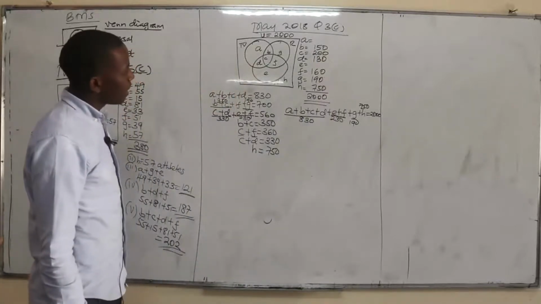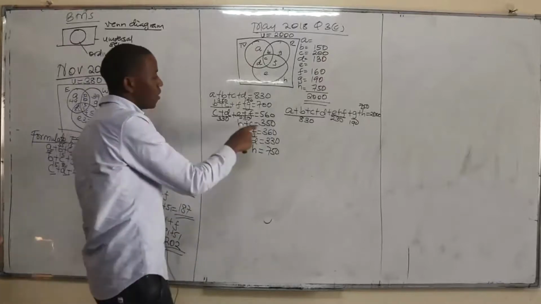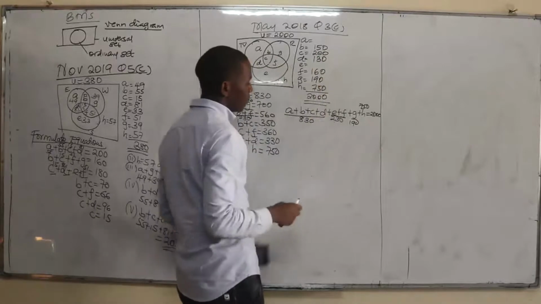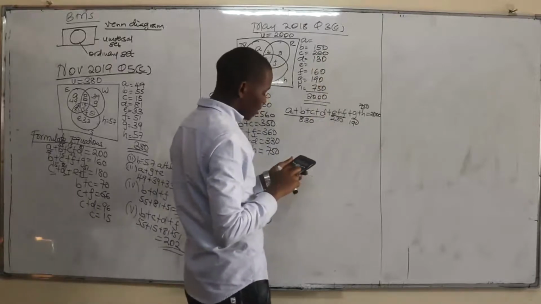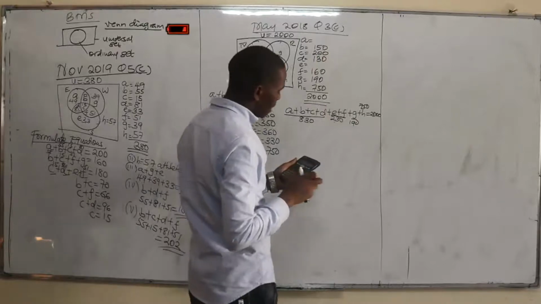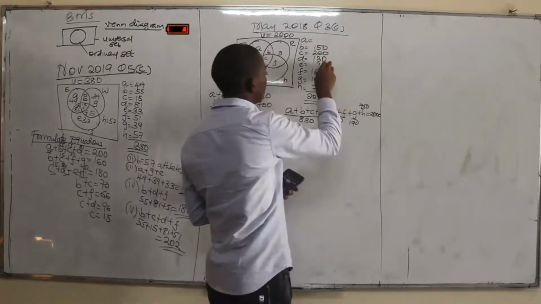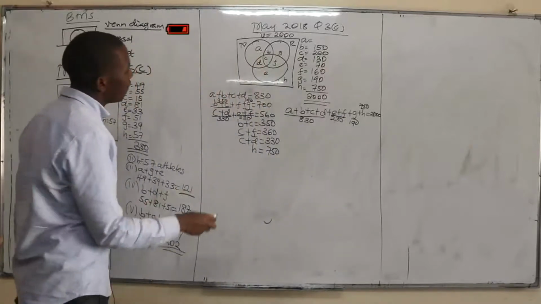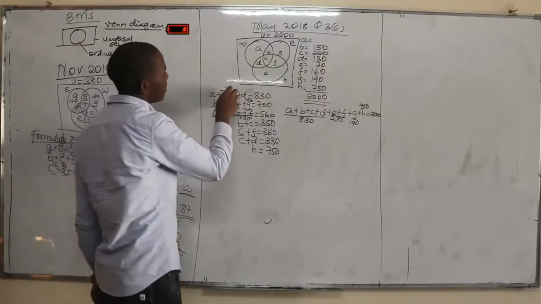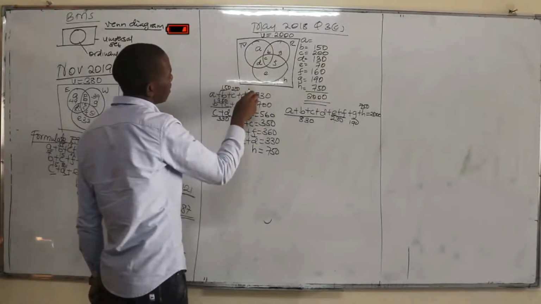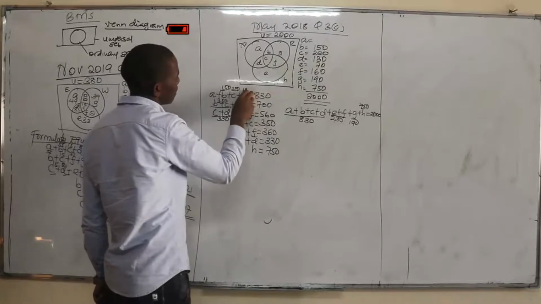And then from there, what is remaining? We know EF here is 230, and we know F is 160, so E is 230 minus 160, which is 70. Then we know B is 150, C is 200, and D is 130.